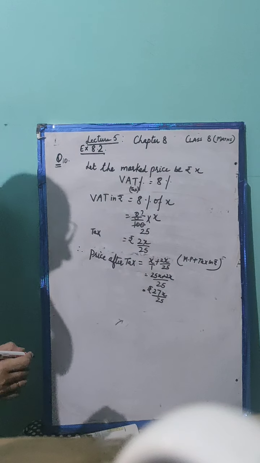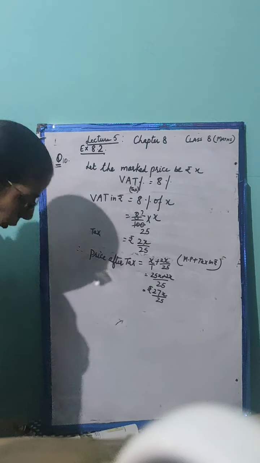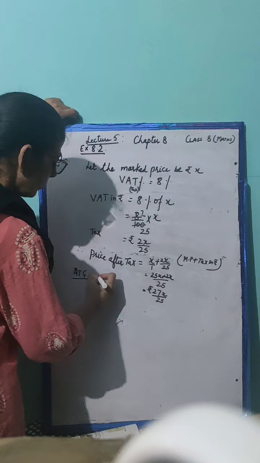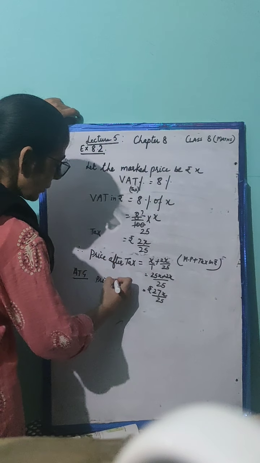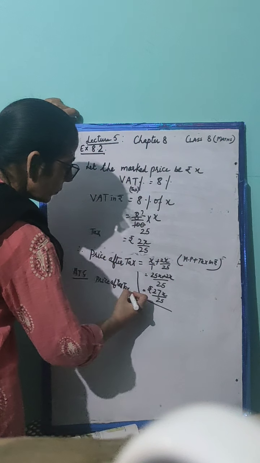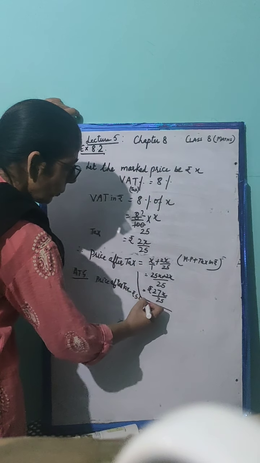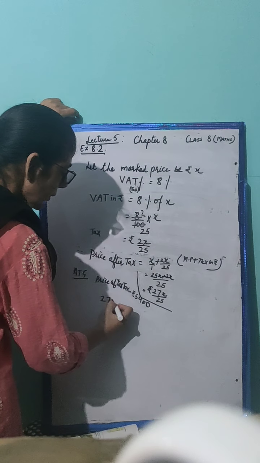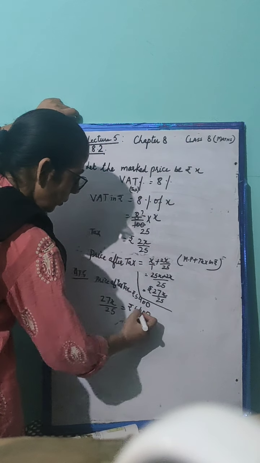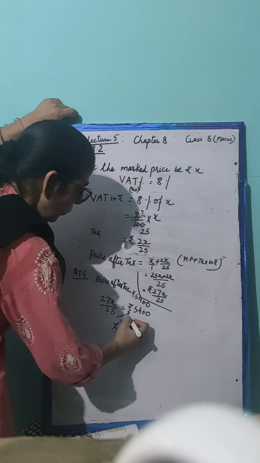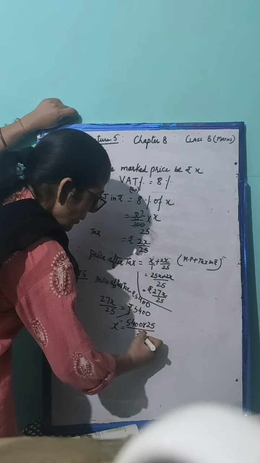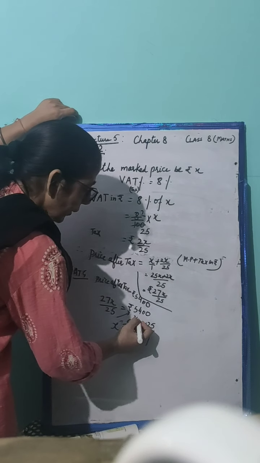But according to given, क्या है, price after tax कितना है, rupees 5400. According to given, price after tax is rupees 5400. तो इसका मतलब 27x by 25 is equal to rupees 5400. क्रॉस कर दें. x is equal to 5400 into 25 upon 27. 27 2 जा 54 होता है, तो डायरेक्टली आ गया मेरे पास.